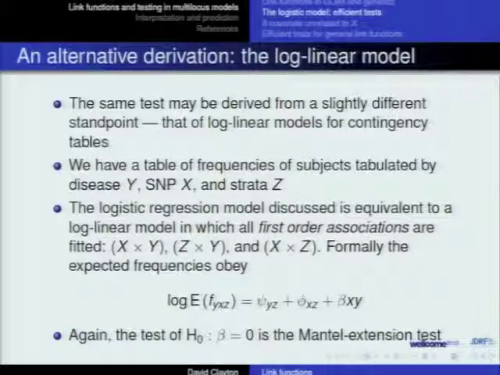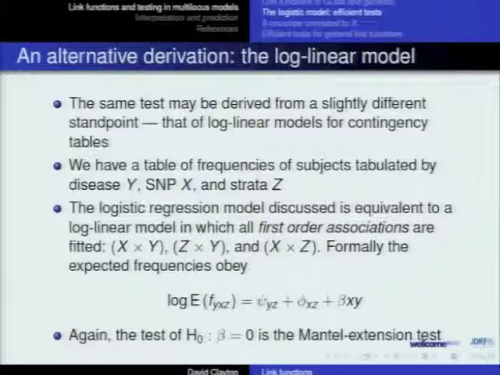Now, it's interesting that you can also get to the same test by a log linear model. In the early days of epidemiology, at the same time as people were trying logistic regression models, there were also people looking at the log linear model in contingency tables, and in fact showing that these lead to precisely the same answers.